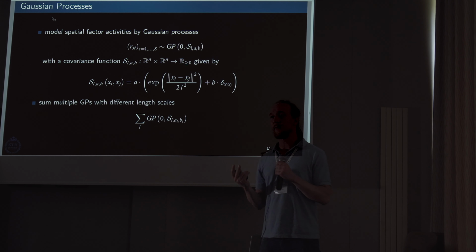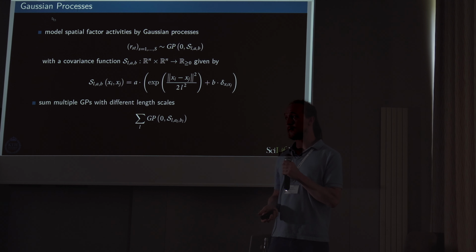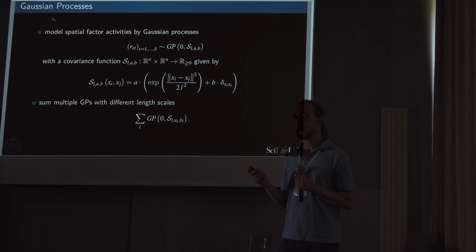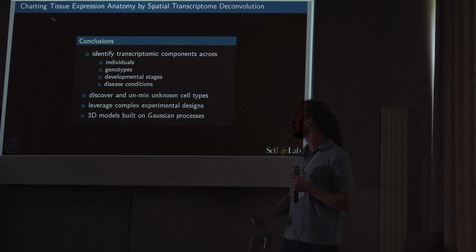But really what we want to aim for is a generative model that gives rise to both at the same time. And finally, as a third point, it would also be to integrate single cell expression data with our ST data. That is the final point I wanted to make.